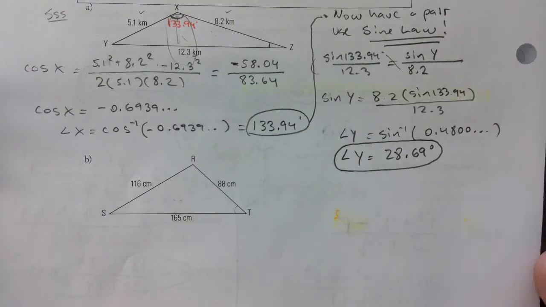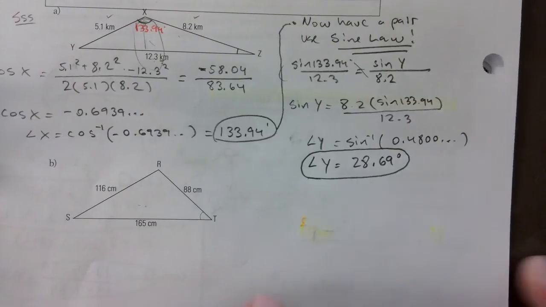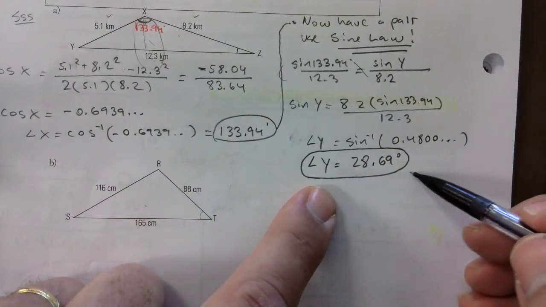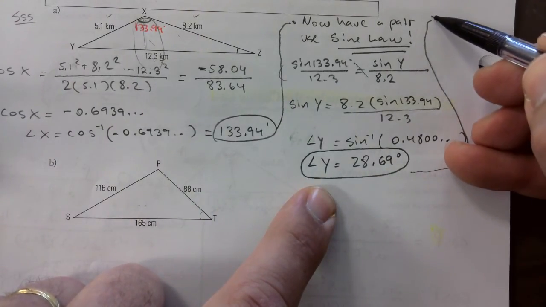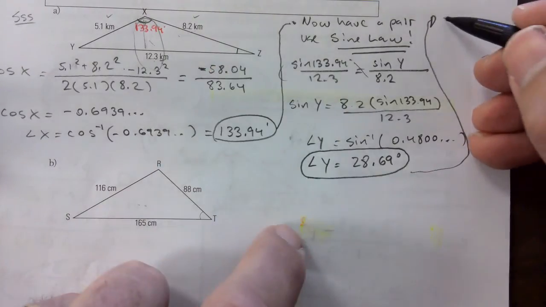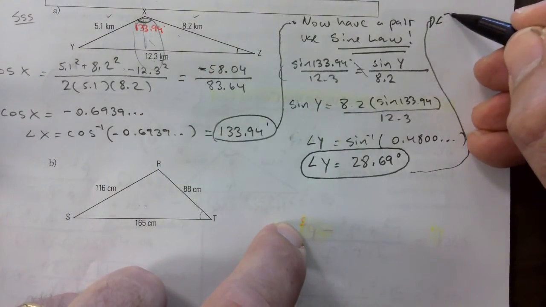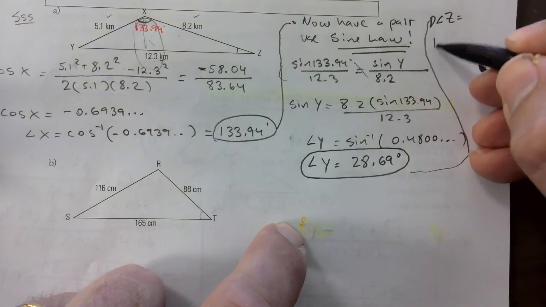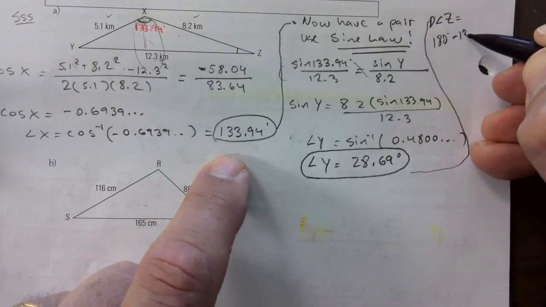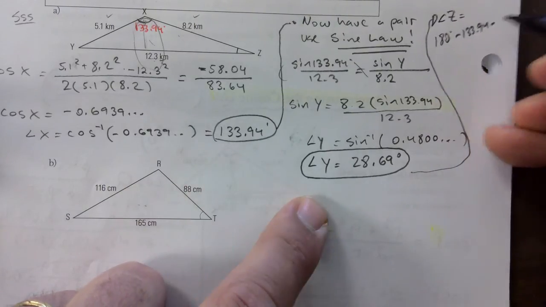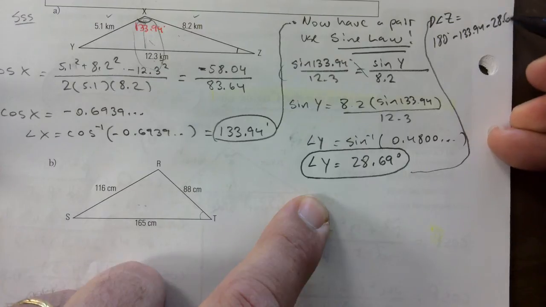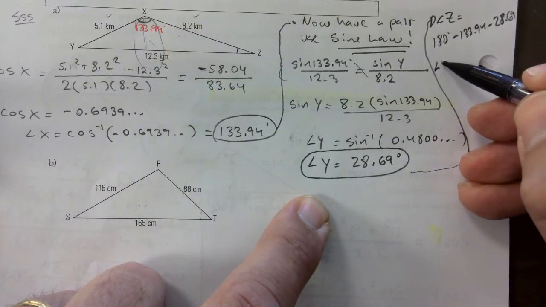There's your angle y. Now that you have 2 out of the 3 angles, I'm just going to go over here and find angle z. And that is 180 minus 133.94 minus 28.69. I apologize for that.